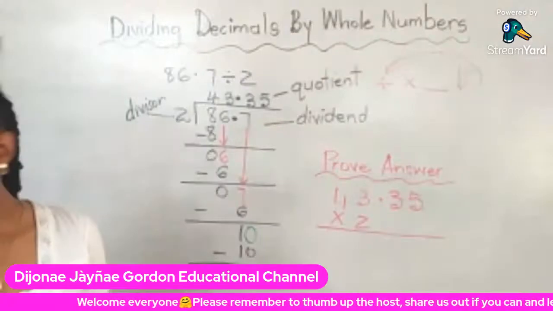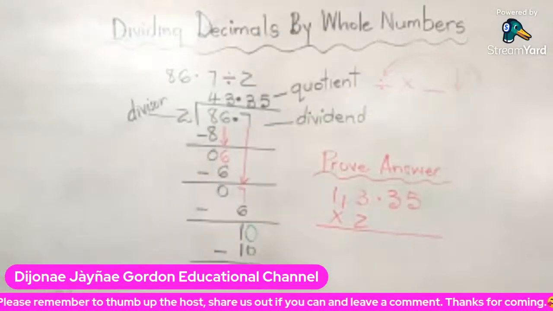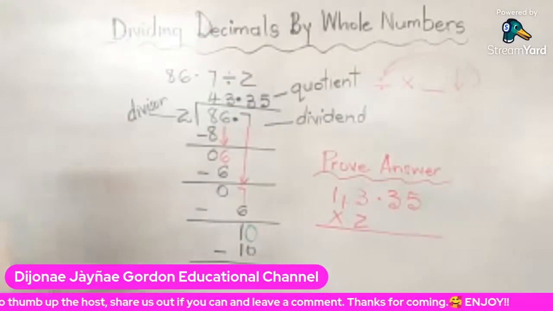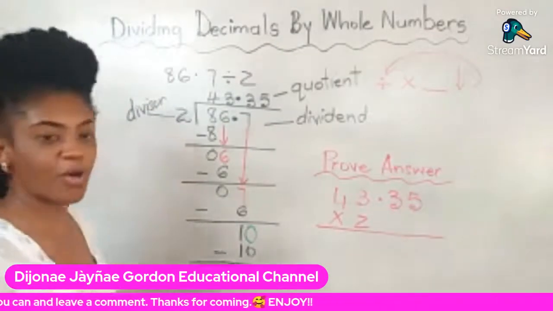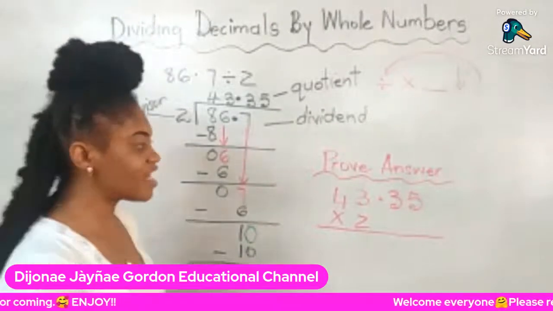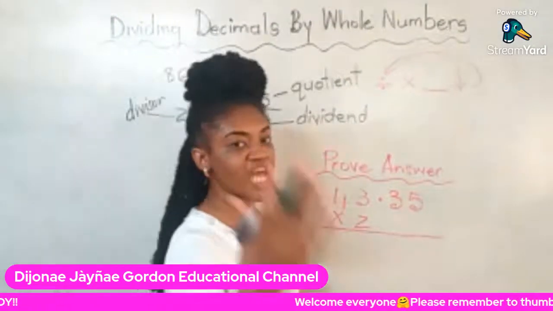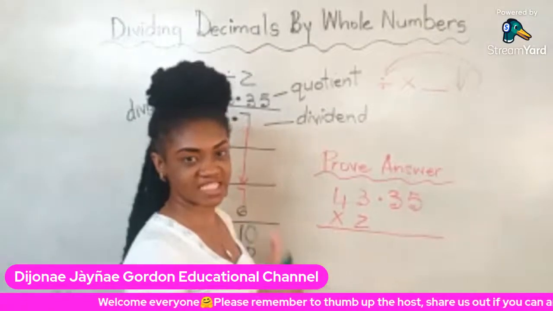When we are multiplying decimal numbers, this is the first thing that you should do. I hope you are seeing the board clearly. This is the first thing you are to do. You are to check to see how many digits you have after your decimal place.